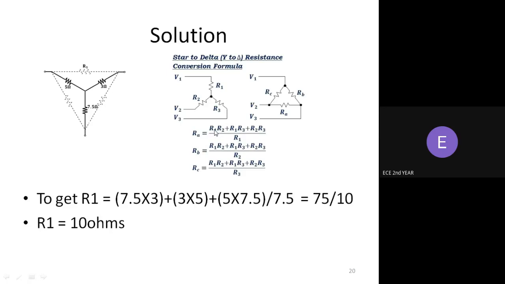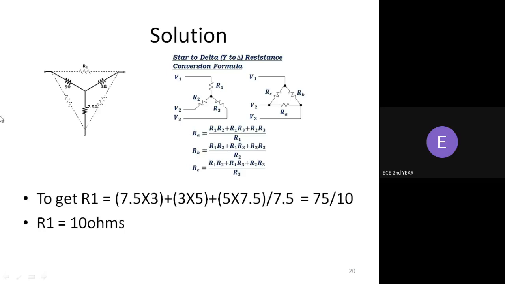RA is R1 into R2 plus R1 into R3 plus R2 into R3 divided by R1, and RB is R1 into R2 plus R1 into R3 plus R2 into R3 divided by R2, and RC is R1 into R2 plus R1 into R3 plus R2 into R3 divided by R3.